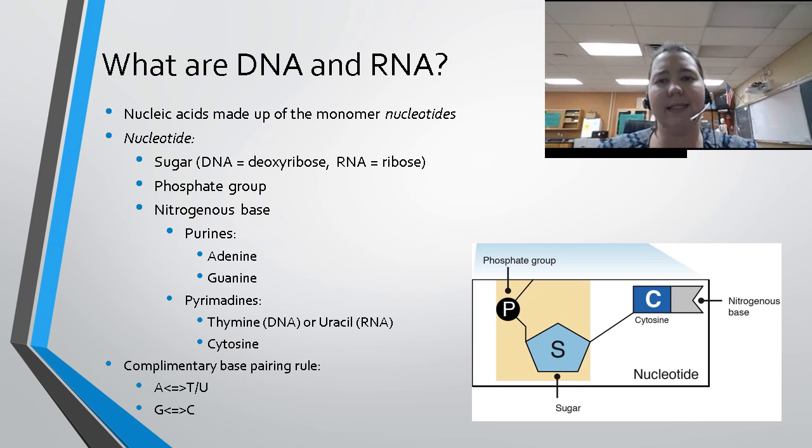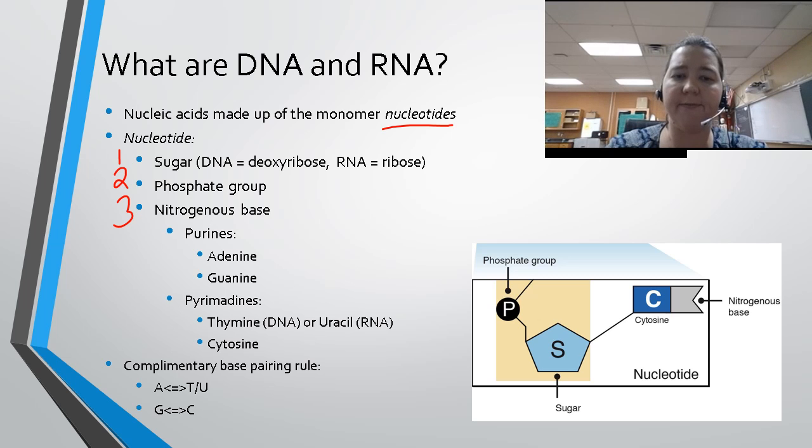So what is DNA or RNA? These guys are nucleic acids, so deoxyribonucleic acid and ribonucleic acid, that are basically made up of a 3-part monomer, okay? And that 3-part monomer is called a nucleotide. So our 3 parts, 1, 2, 3. A sugar, when we're talking about DNA, it's deoxyribose. When we're talking about RNA, it's ribose. Our phosphate group, our nitrogenous base, okay?